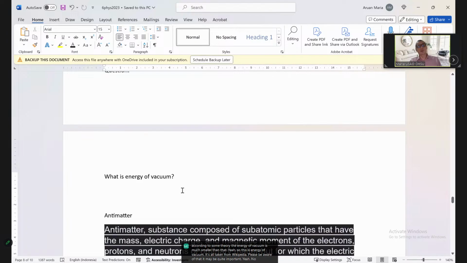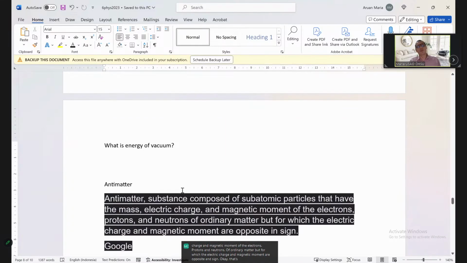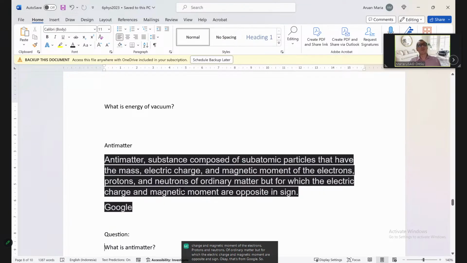Now, just like we have mentioned, antimatter is a substance composed of subatomic particles that have the mass, electric charge, and magnetic moment of the electrons, protons, and neutrons of ordinary matter, but for which the electric charge and magnetic moment are opposite in sign. Okay, that's from Google. So if matter and antimatter meet, they annihilate, creating a lot of energy. Remember, mc squared is the annihilation energy. So antimatter is quite important.